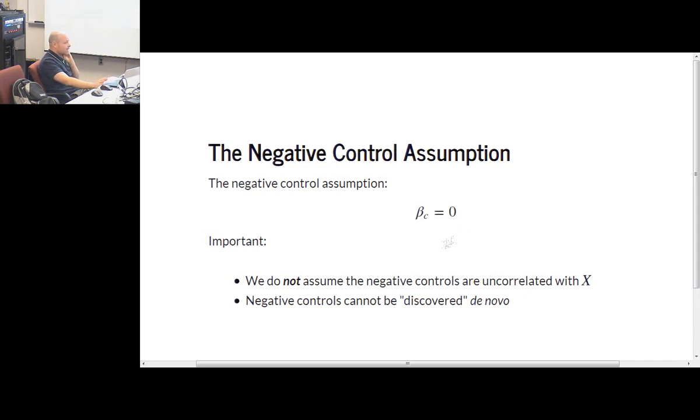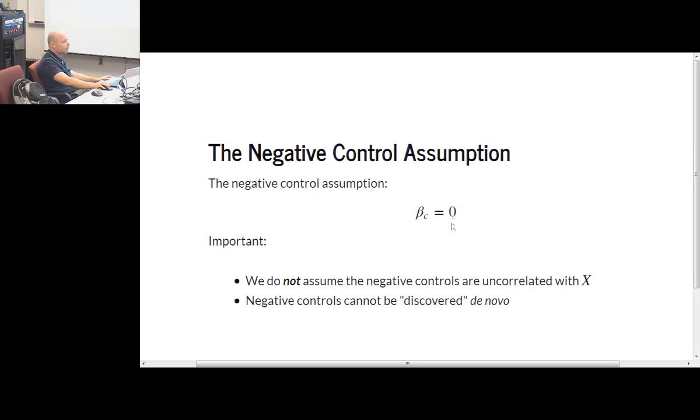because it's actually possible that the negative controls are correlated with the factor of interest. That would happen if the unwanted factors are themselves correlated with the factor of interest, then the negative controls should be also. Okay, so this assumption is not an assumption about correlatedness of the negative controls with the factor of interest.